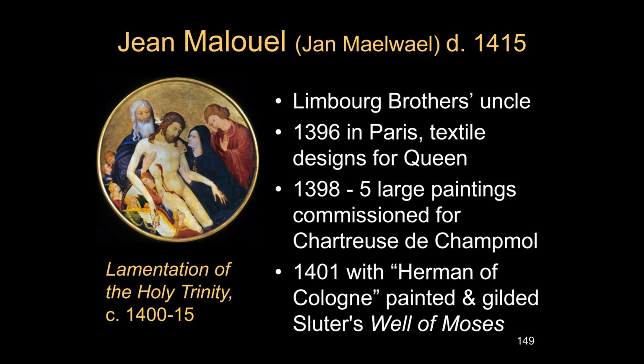Some of the records show that he was making textile designs for the Queen living in Paris. And then we have records of 5 large paintings that were commissioned for the Chartreuse de Champmol. And that was in 1398.